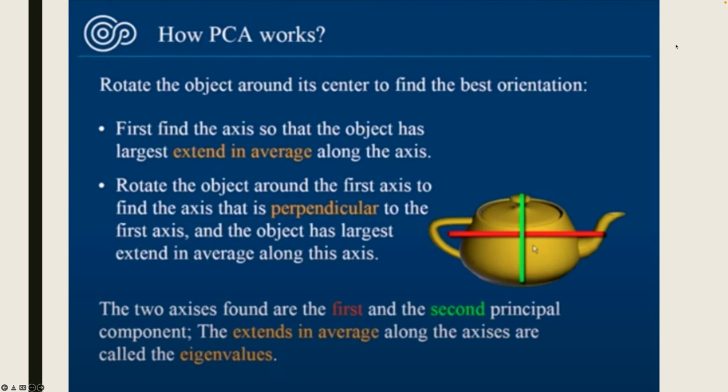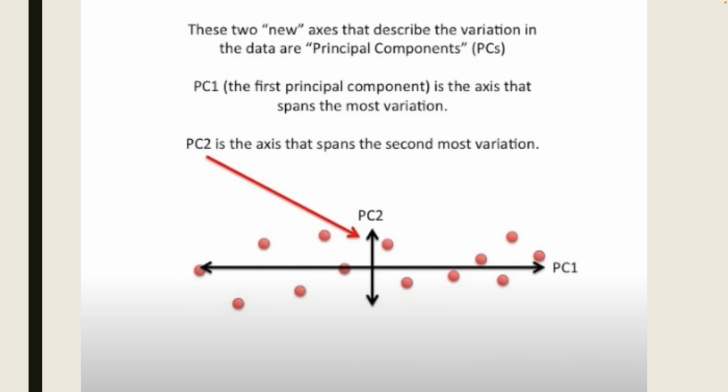In other words, we rotate the object around its center to find the best orientation that extends the most in the up and down vectors. Same thing if we look at just points. Now imagine these points could be anywhere in the space. We move them down to where they fit around the origin.